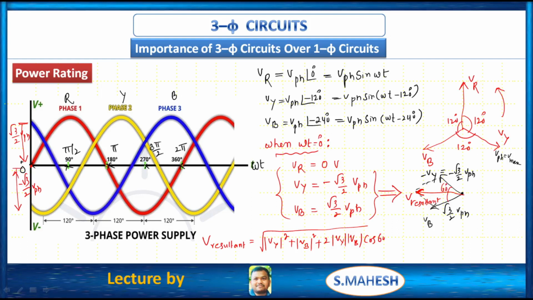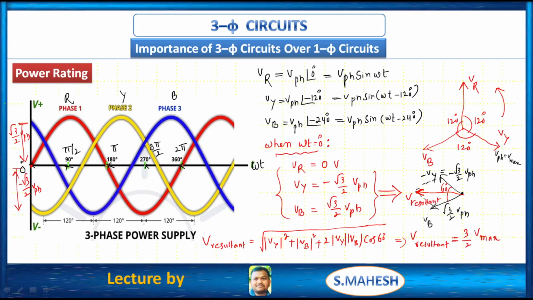Then substitute Vy and Vb in this equation. Finally we got V resultant as 3 by 2.